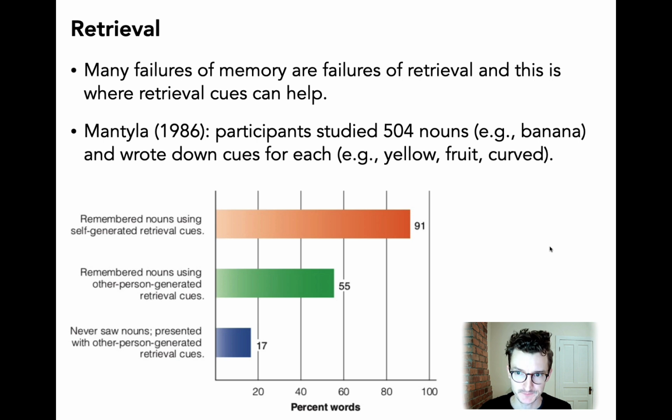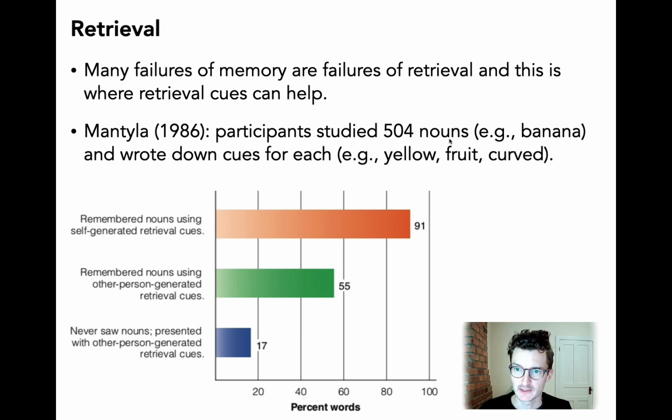that's a retrieval cue. And what's important is that you make these retrieval cues yourself. So in this 1986 study, participants studied 500 nouns, and they generated cues for each, or they were given cues generated by somebody else.